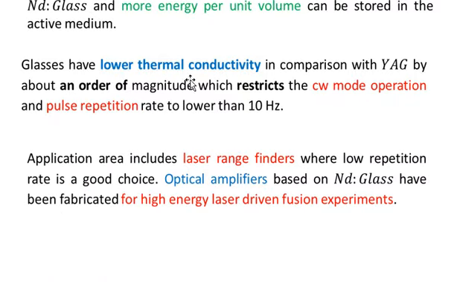Glasses have lower thermal conductivity in comparison with YAG by an order of magnitude, which restricts the CW mode operation and pulse repetition rate to lower than 10 Hz. Application areas include laser rangefinders, where low repetition rate is a good choice.